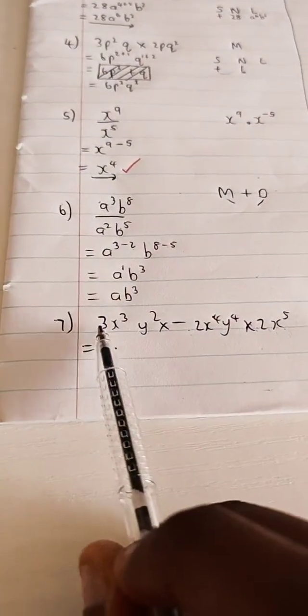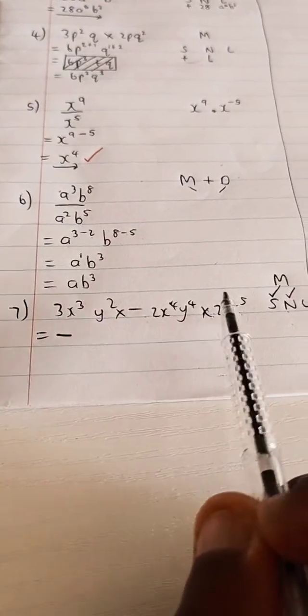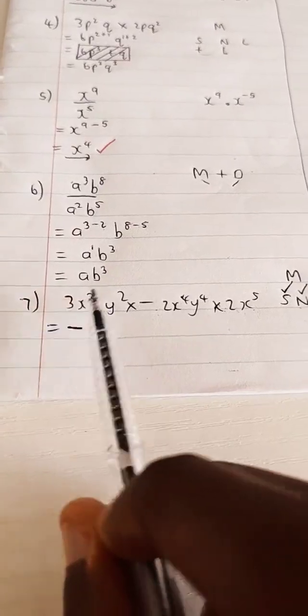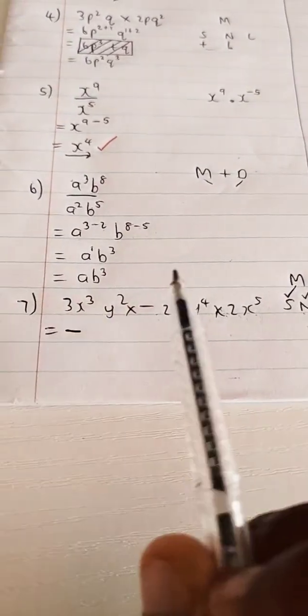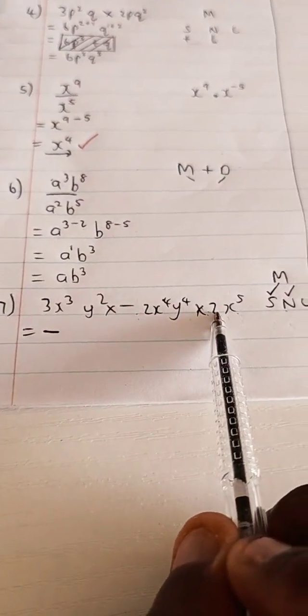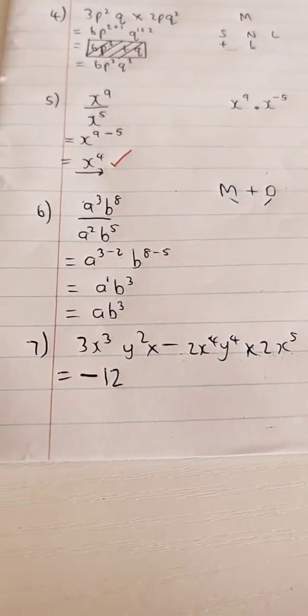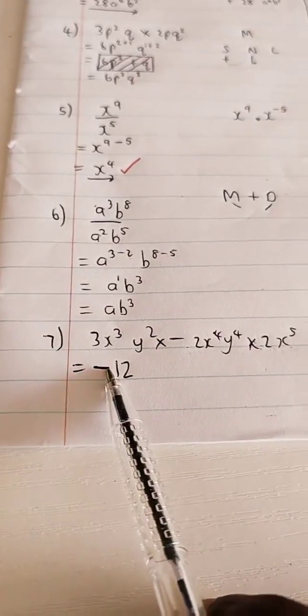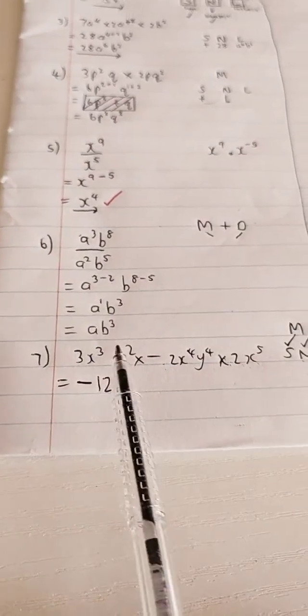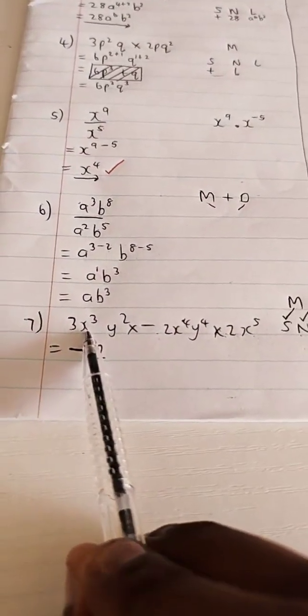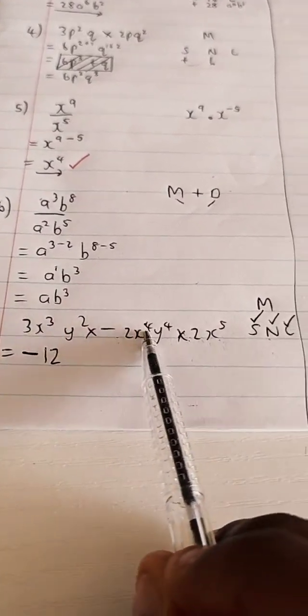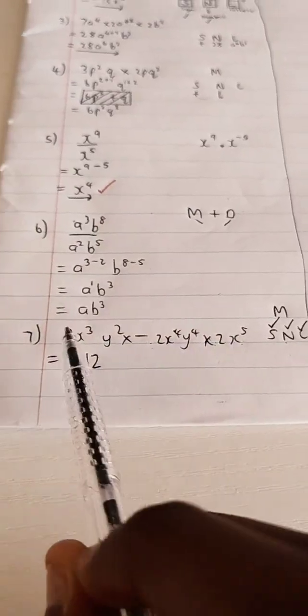Sign has been taken care of. We move on to the number. Numbers: 3 times 2 times 2. 3 times 2 is 6. 6 times 2 is 12. So therefore our number is 12, but it is negative. Then we move on to the letter. The letter first that we are going to focus on is x. x to the power 3, x to the power 4, x to the power 5.